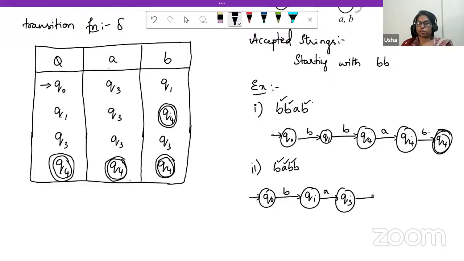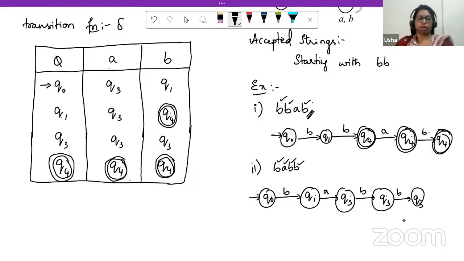Third input is B, that remains in Q3 itself. Next input is B, that also remains in Q3. You can even take a 3-letter string. So at the end of the string, if you are in the final state, then it is accepted. If you're not in the final state, it is not accepted. All of you understood this?